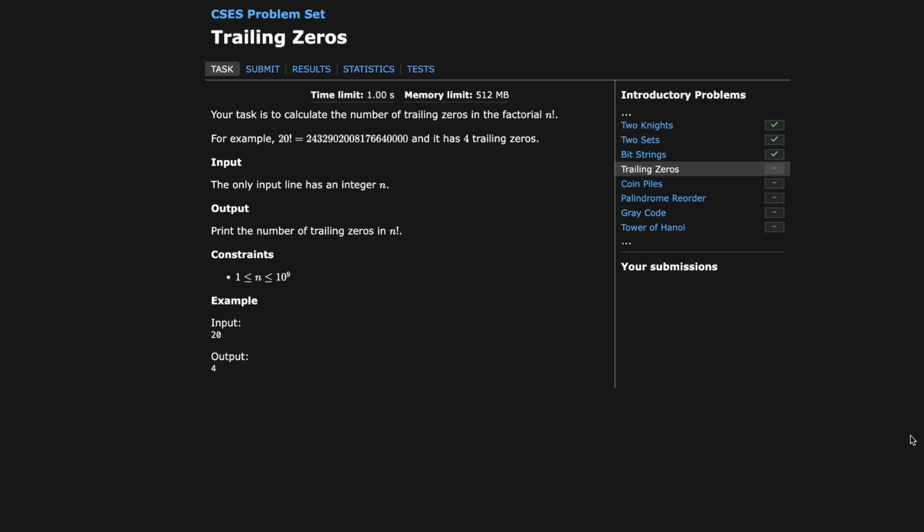The n is up to 10 to the power of 9. So the question of how many trailing zeros there are in the factorial n can be understood by the following question.